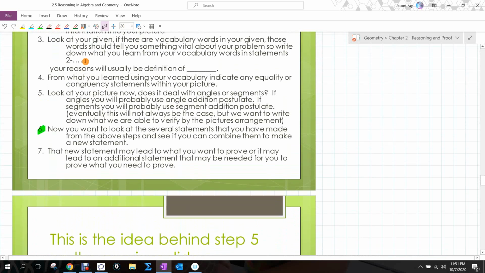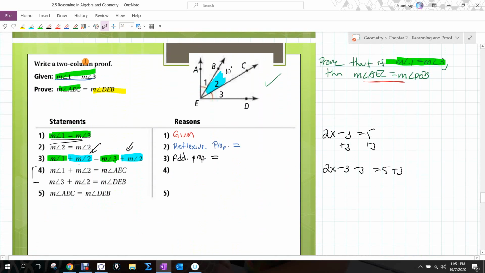set of steps I gave you here, because now what we have to do is look at our picture. And we have to think about what our picture gives us that we don't get from the given or from anything else that's up here. And what this picture is telling us is that if I take that angle right there, which is angle 1, and add to it angle 2, doesn't it give you that angle right there?